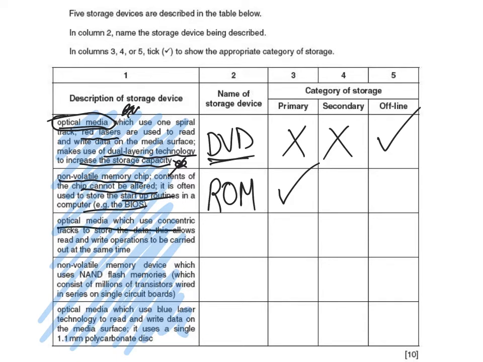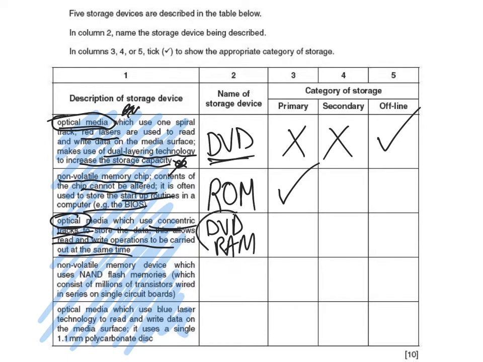Optical media, which uses concentric tracks. So optical, again, we're going back to lasers here, so we're thinking DVD, CD, or Blu-ray. It uses concentric tracks to store the data, allowing read and write operations to be carried out at the same time. Well, I know that's not CD, I know it's not Blu-ray, and it's actually that funny category of DVD-RAM, where we've got the ability to record and play back at the same time.